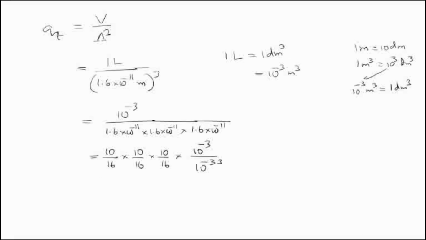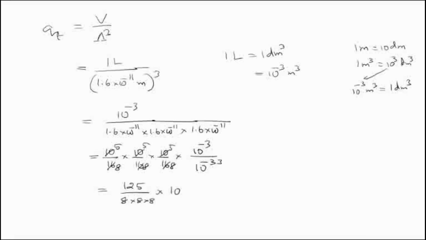Now, how to simplify this? 5 times 8, 5 times 8, 5 times 8. 5 into 5 into 5 is 125 by 8 into 8 into 8.